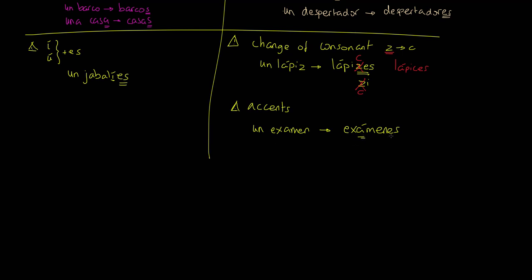This is due to the rules of accentuation. This word becomes a four-syllable word, and the third syllable is the strong syllable, so it needs an accent. Don't worry too much for now. Worry about it when you learn the rules of accentuation. But if you notice that here it hasn't got an accent and here it has, or in the case of camión, in the singular it has one and in the plural it doesn't, that's why: because of the rules of accents in Spanish.